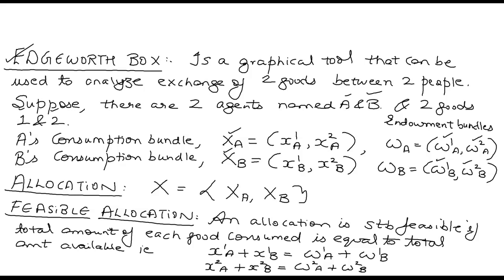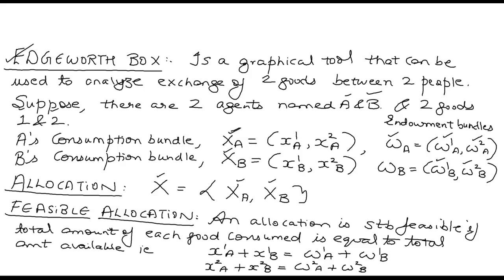A's consumption bundle is XA, which is X1A, X2A. B's consumption bundle is capital XB, which is X1B, X2B. Their endowment bundles are as follows. Omega A is omega 1A, omega 2A, and omega B is omega 1B, omega 2B. And an allocation is nothing but the set of consumption vectors XA, XB.